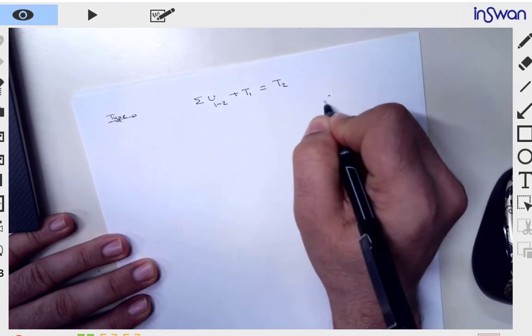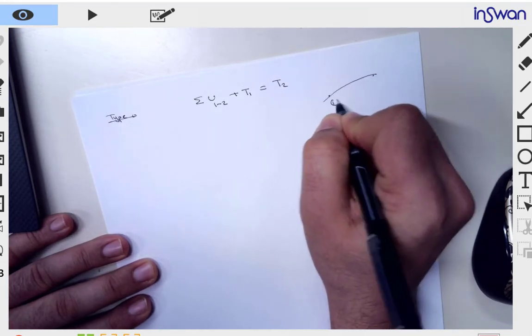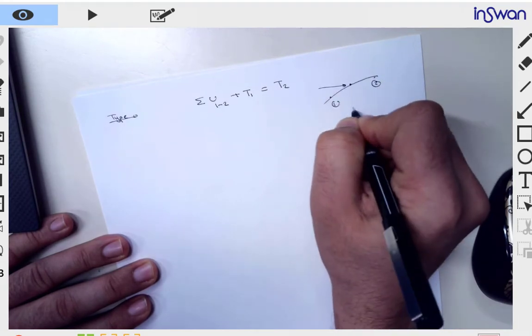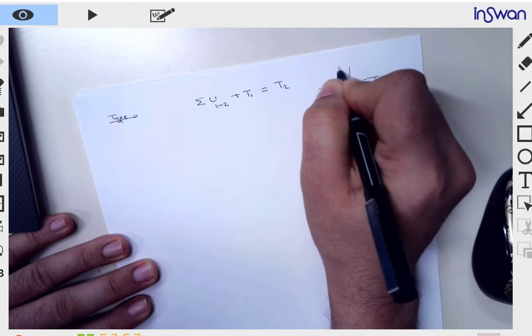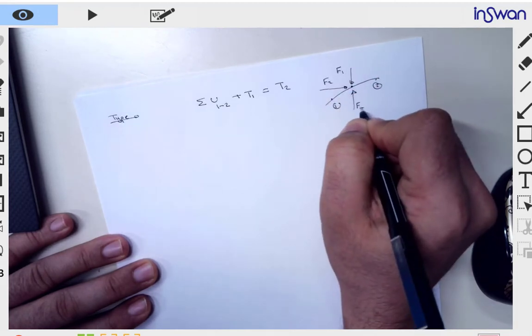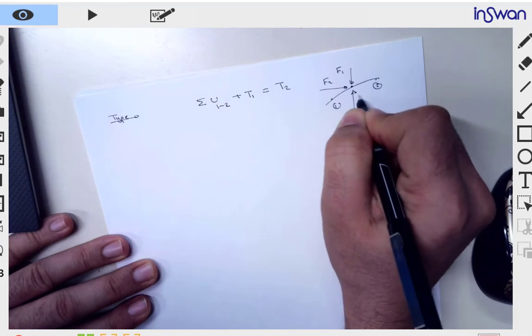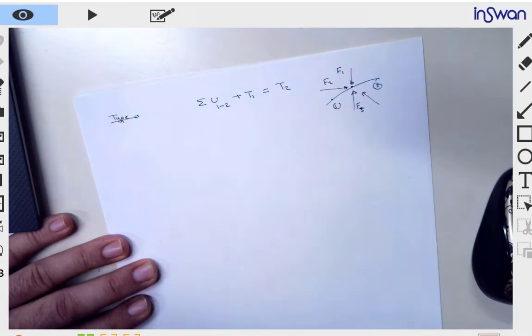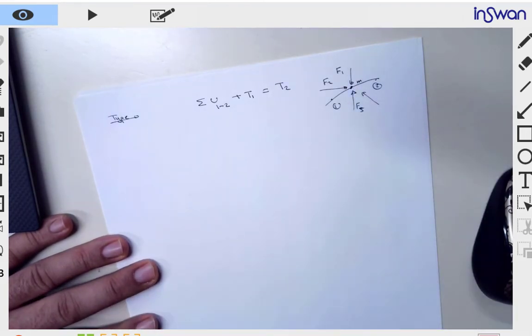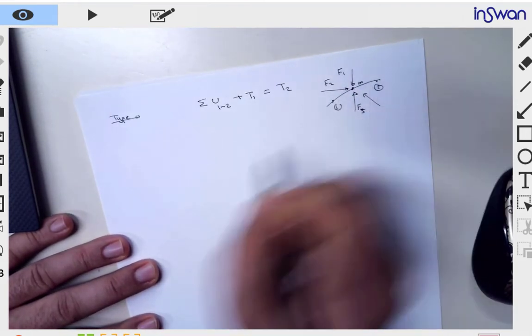So I have two states, 1 and 2, and I'm going to break it down now into different forces, F1, F2, F3, and so on. And this is my particle that has a mass, and it's going from here to here.